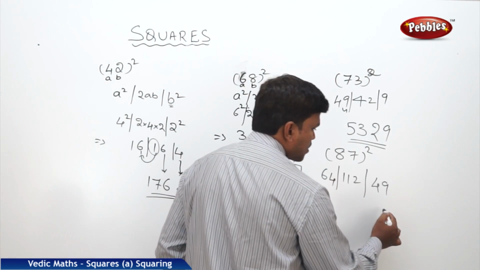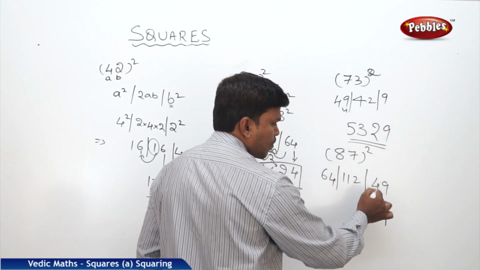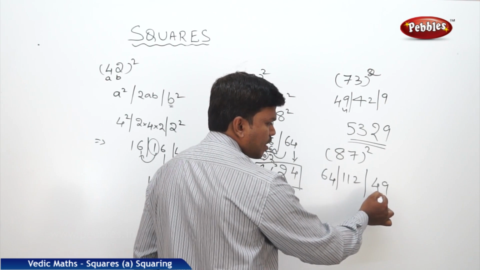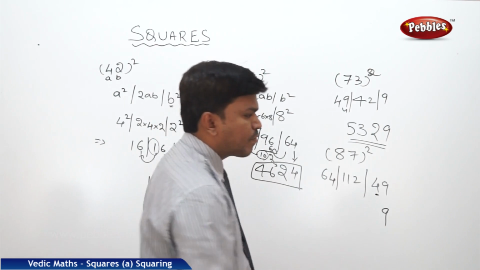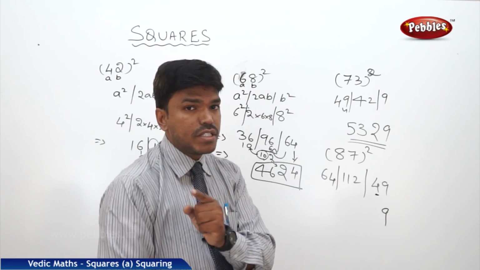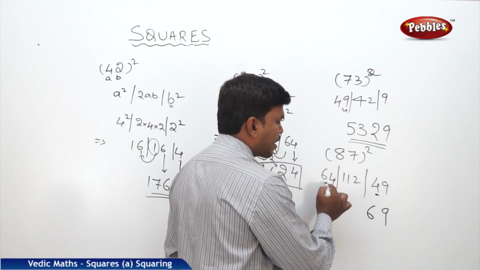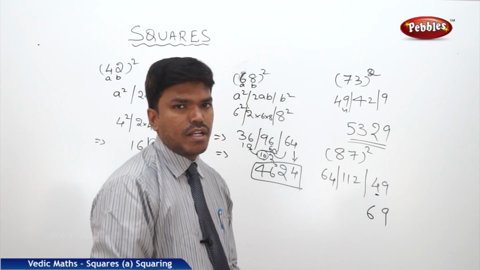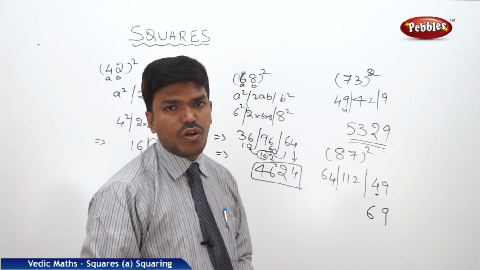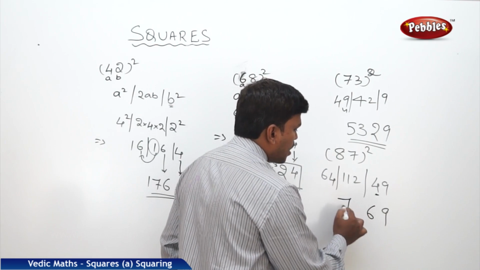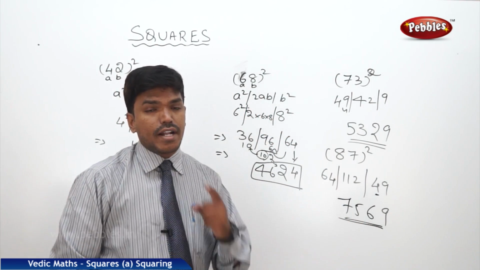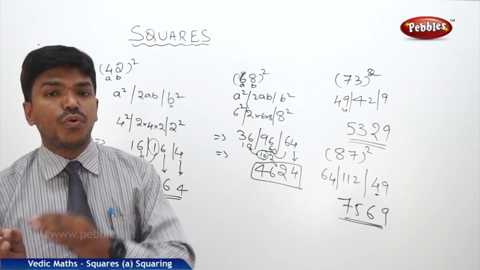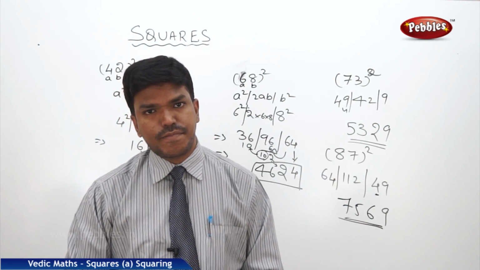Start from the right side. 9, and carry forward 4 to the next number, the tens place. 112 plus 4 is 116. In 116 I am dropping the 6 and carrying the 11. 64 plus 11 is 75. So what is my answer? 7569. Like this you can calculate from 10 to 99.